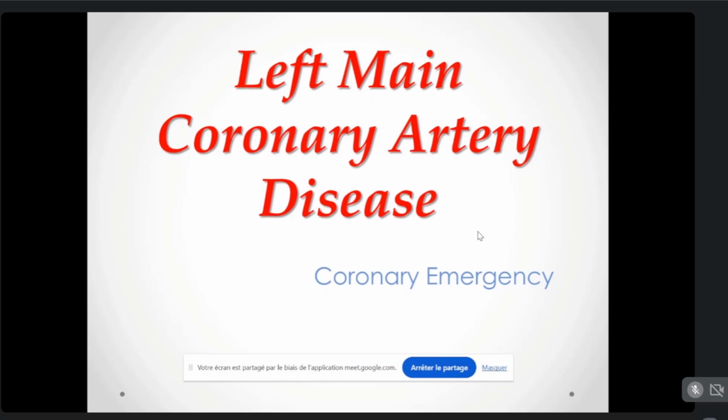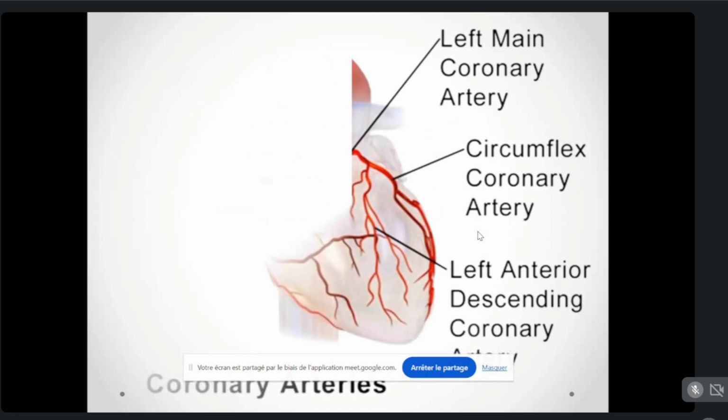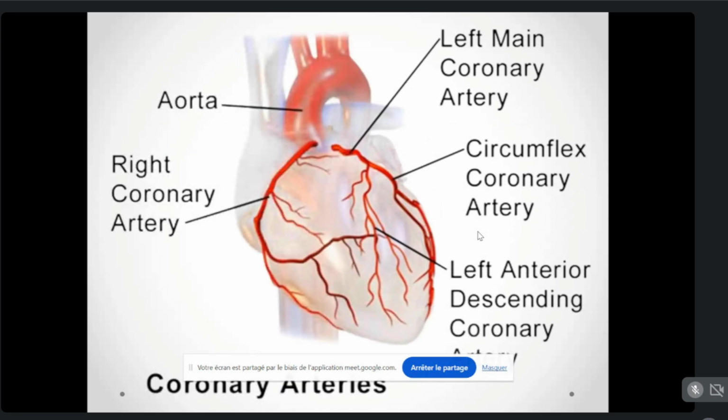Today, inshallah, our topic will focus on left main coronary artery disease. Therefore, before we begin the presentation, we must understand the trajectory of the left main coronary artery. I would like to share an image illustrating its course.